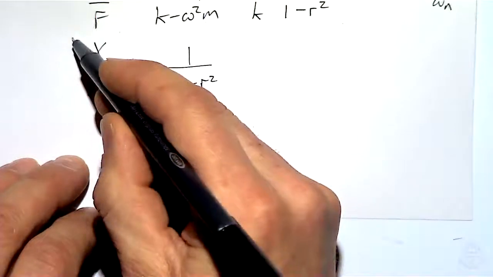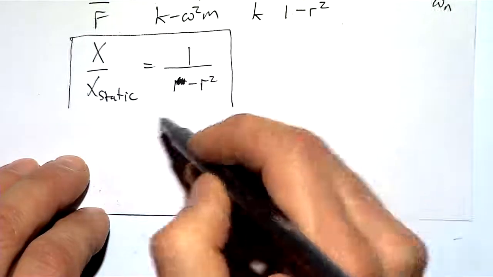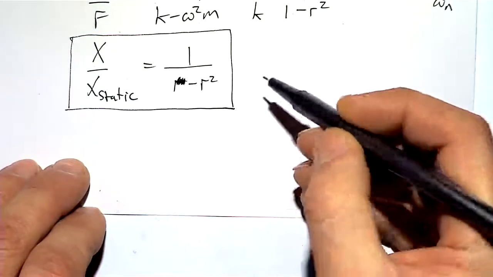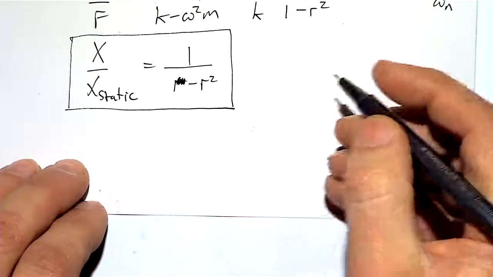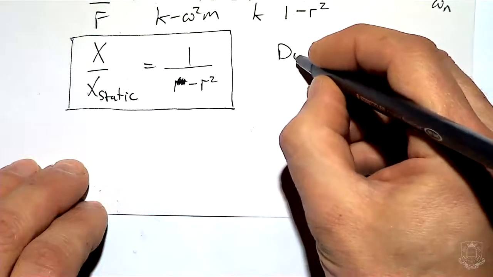So this is our first important result for forced vibration systems. This is called the dynamic magnification factor.